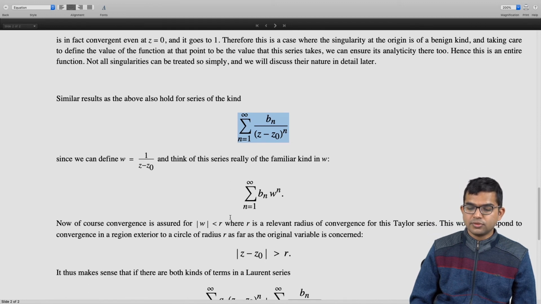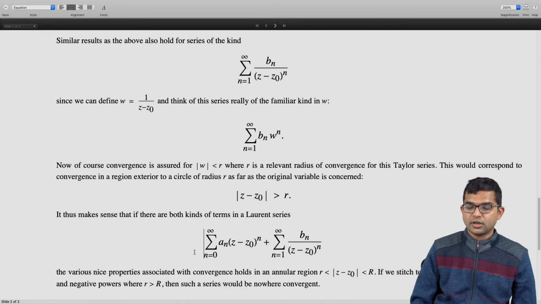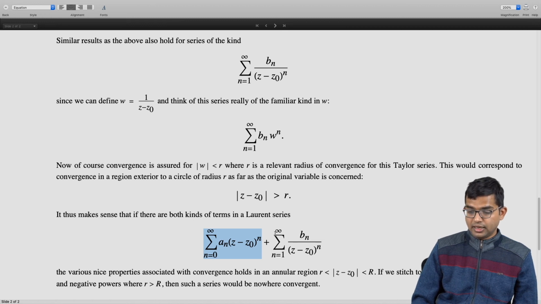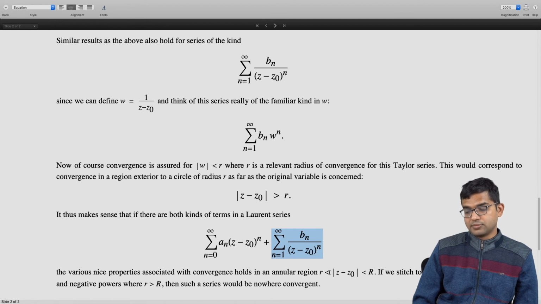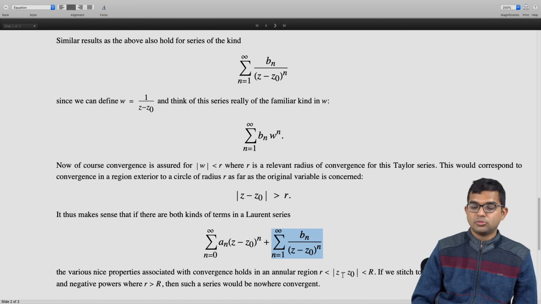And so in fact, if you stitch together terms of this kind and then terms of this kind, and you make a Laurent series, there is a region of convergence for this series. So mod of z minus z naught must be less than capital R. As far as this series is concerned, if it has to be convergent, small r must be less than mod of z minus z naught. So mod of z minus z naught must lie outside small r.